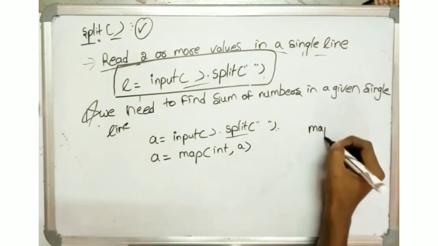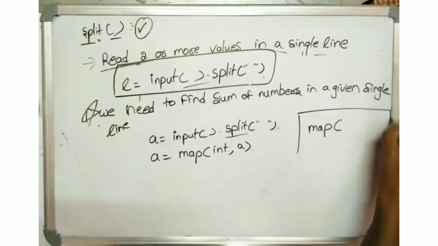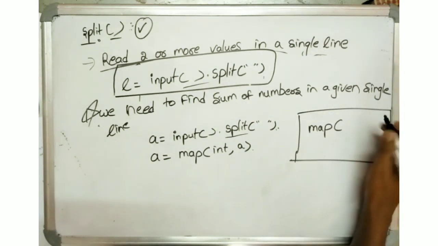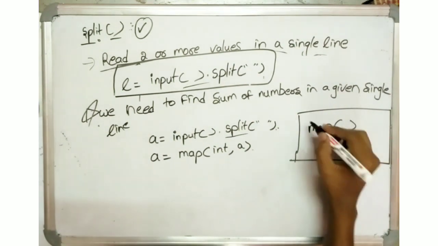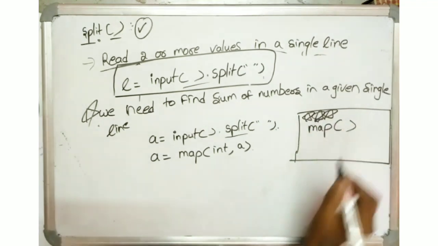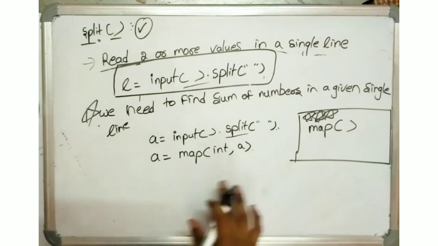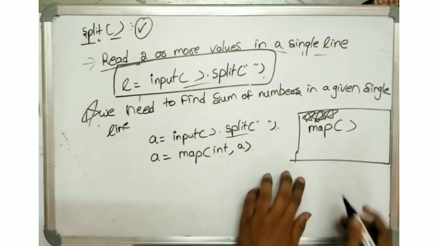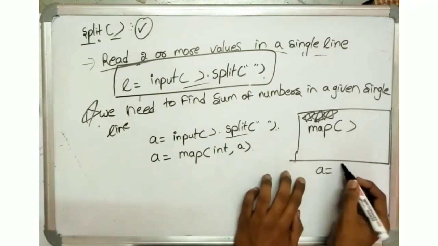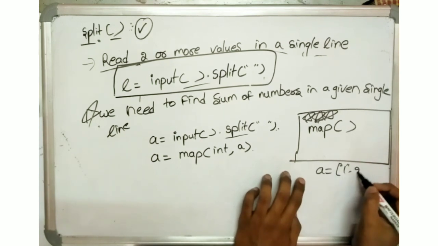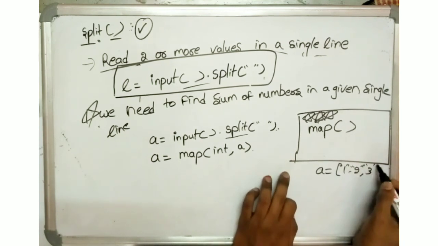Map is also another important function which is used in a lot of programs. Just remember the map function. I will explain its functionality. Okay, let us assume that A is a list consisting of 1, 2, 3.